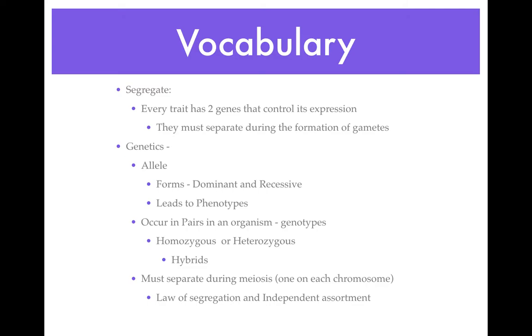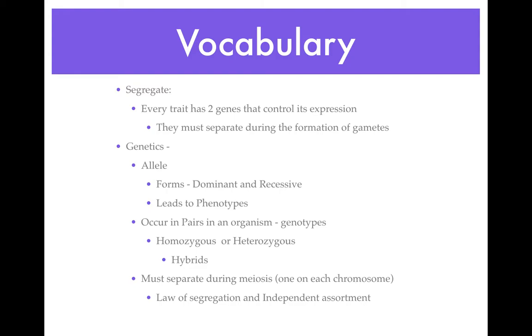So if we have two genes, that means we have two copies of the same gene for the same trait. We need some language to describe what specifically we're talking about. So we're going to call all those different forms of a gene alleles. So you got an allele for hair color from your mom.